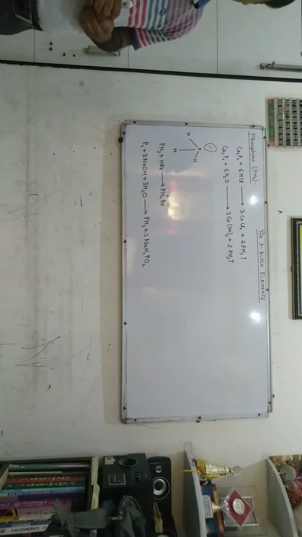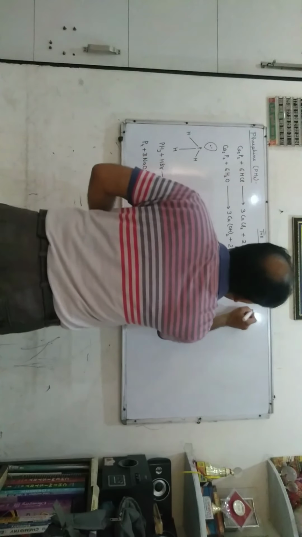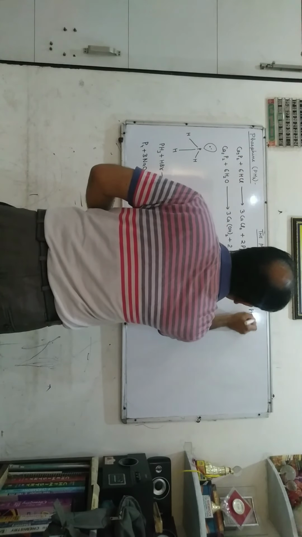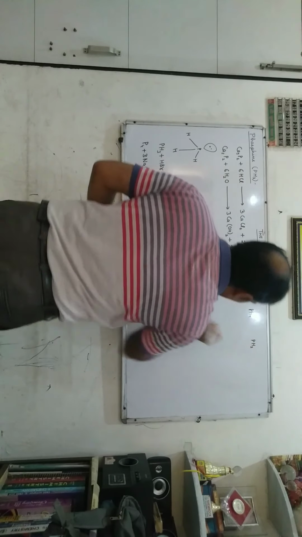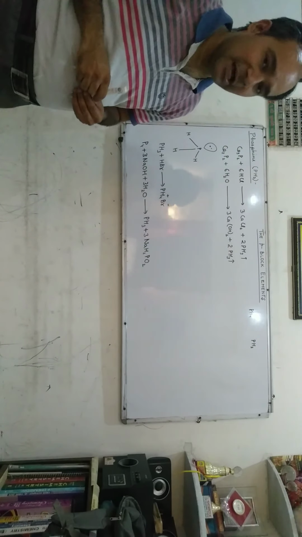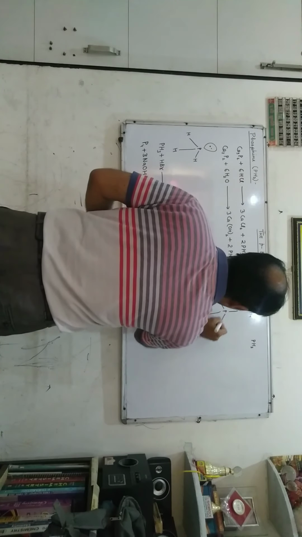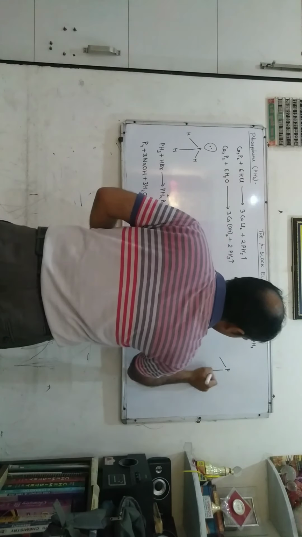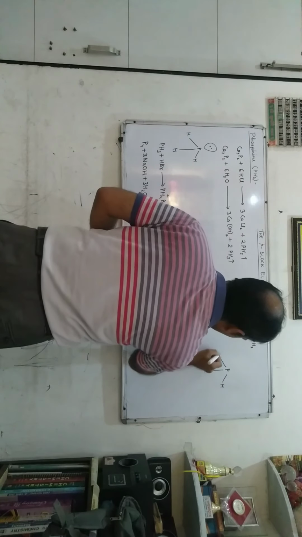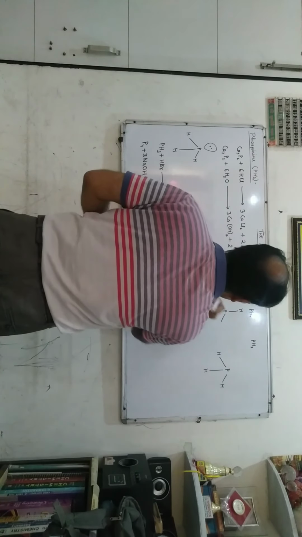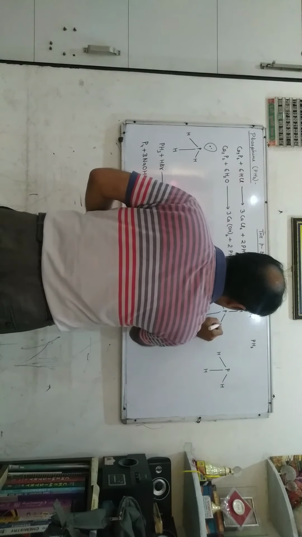Now the question arises, which has a larger bond angle, PH4+ or PH3? To solve this problem, let us draw the structure of PH4+ and PH3. When we draw the structure of both compounds, we obtain this type of structure.